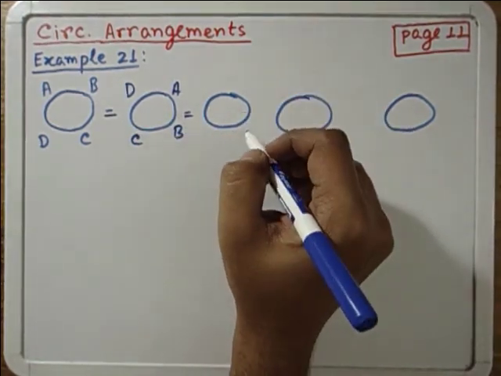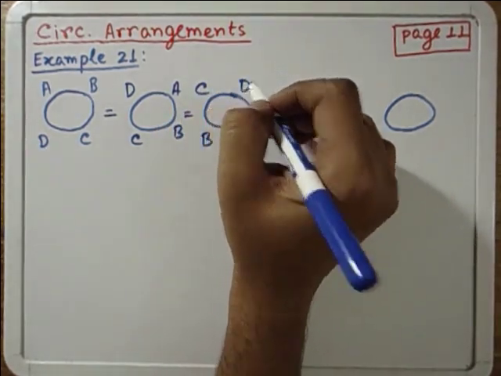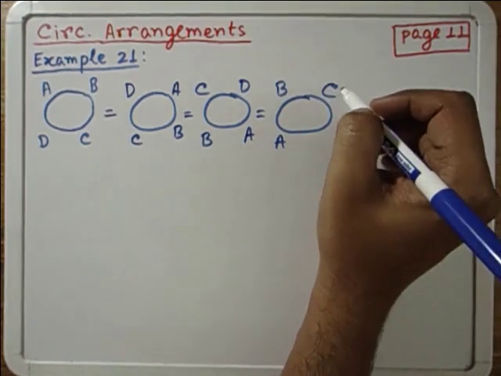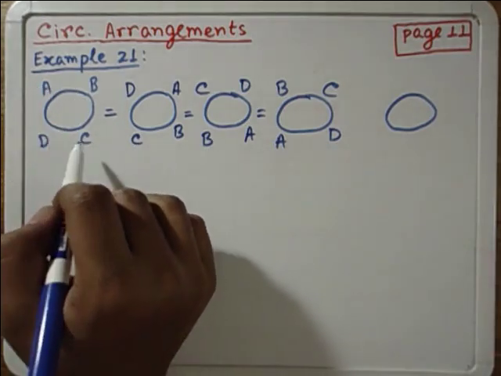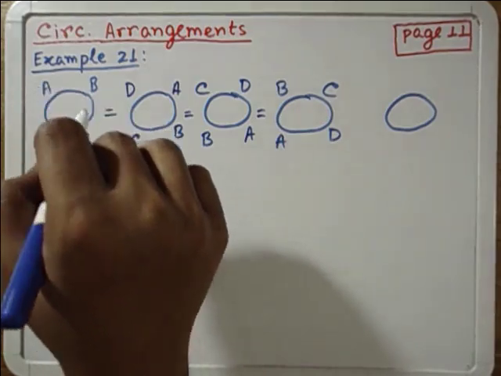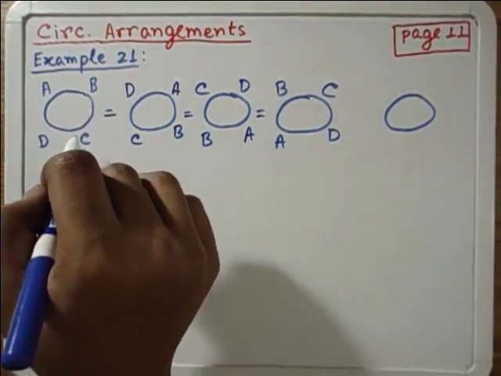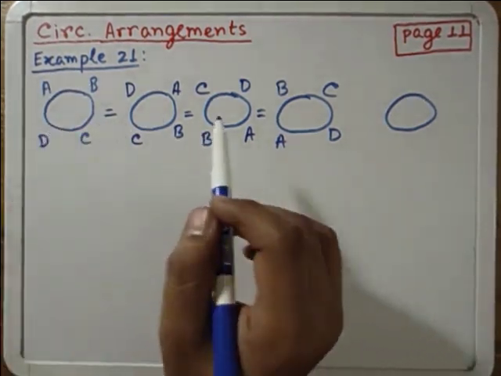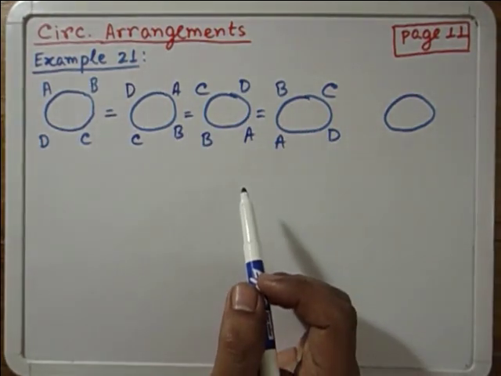Another similar arrangement would be A, B, C, D. Another one is A, B, C, D. So you see that if you move them one position in a circular way, clockwise or counterclockwise, whatever you do, they are still the same arrangement. These 4 are the same arrangement.